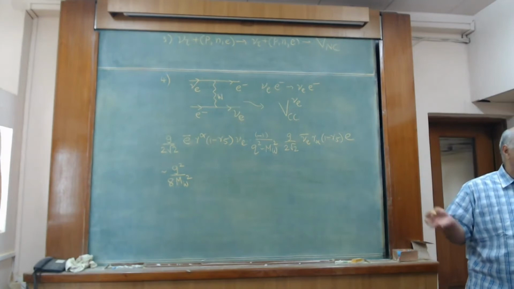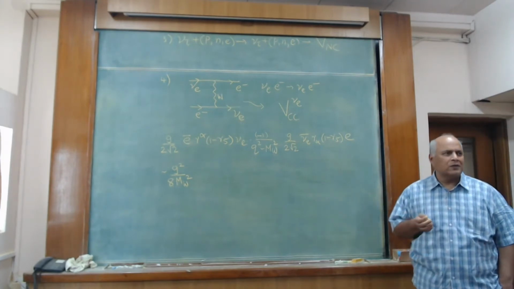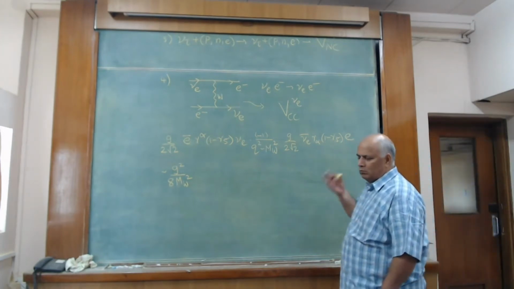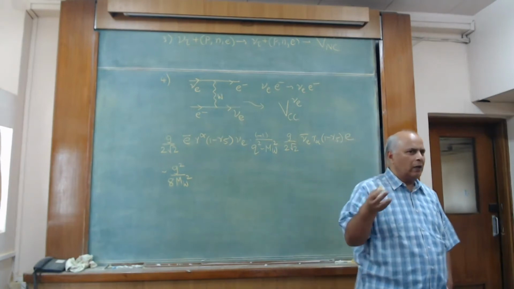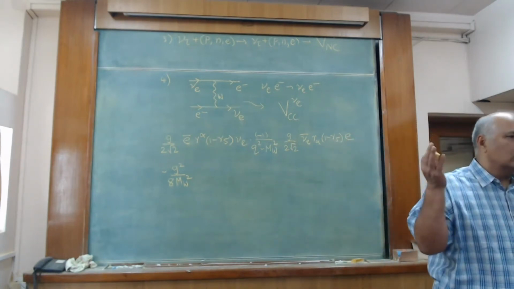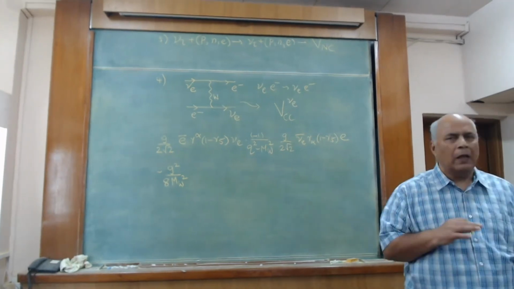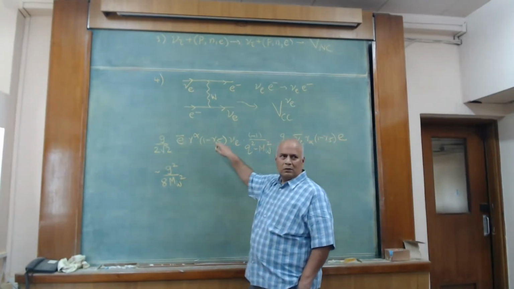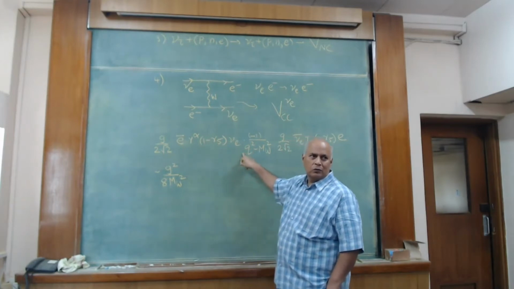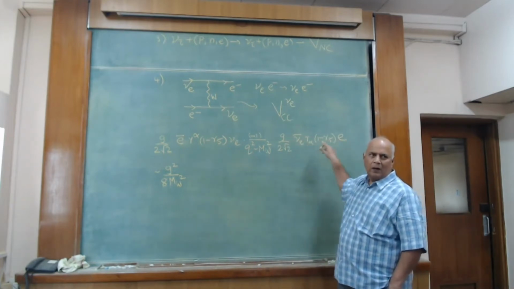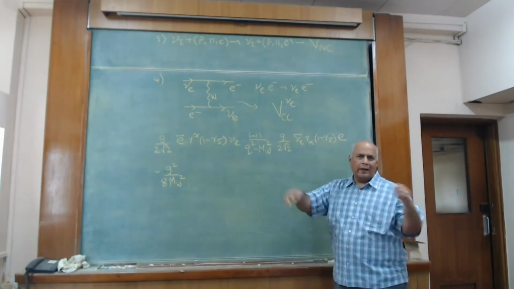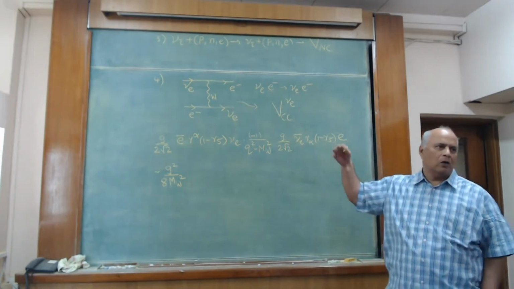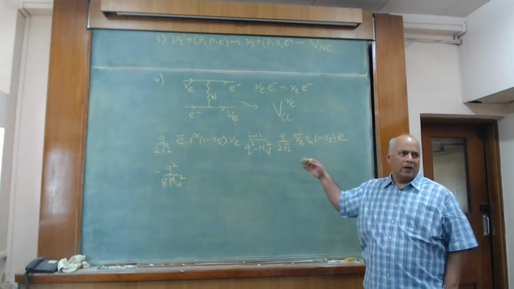And now I don't know if you have come across this sort of mathematical operation called Fierz transformation. There is such a thing. You can look it up in any standard textbook, such as for example Halzen and Martin, where if I have f1 bar gamma alpha f2 times f3 bar gamma alpha f4, I can rearrange things so that I can write it as f1 bar dot dot f4 times f3 bar dot dot f2.